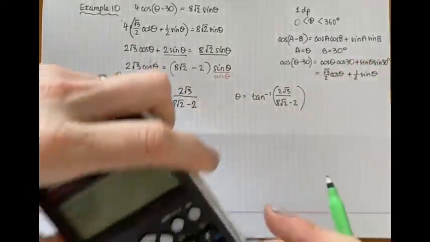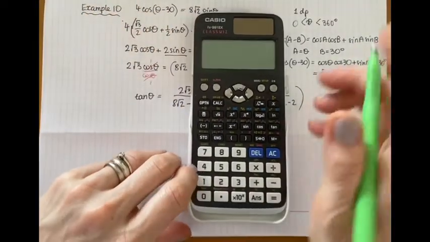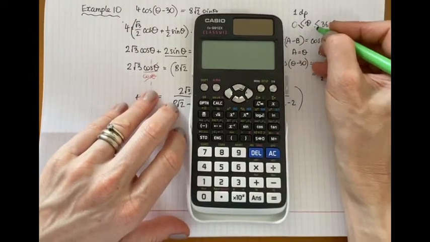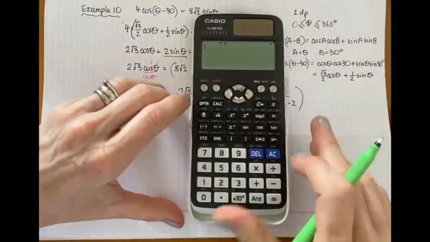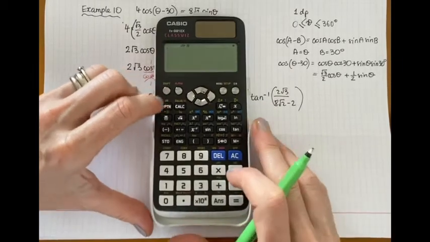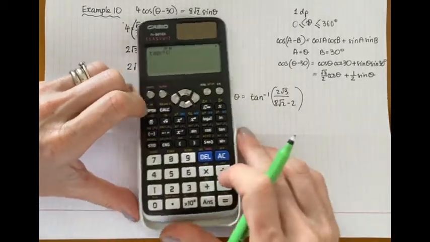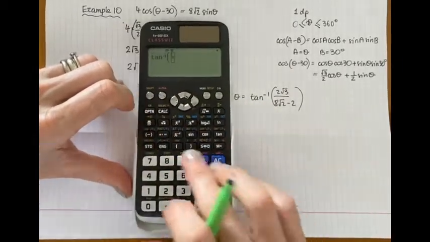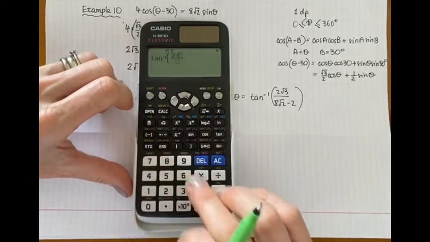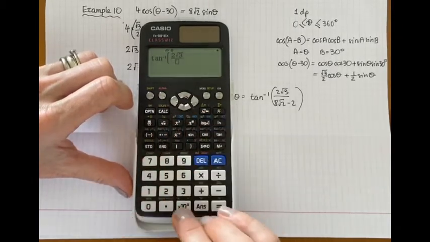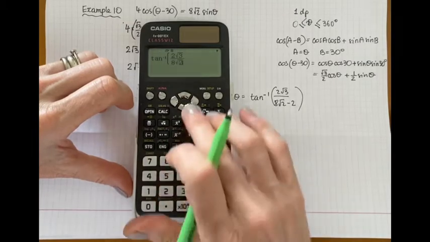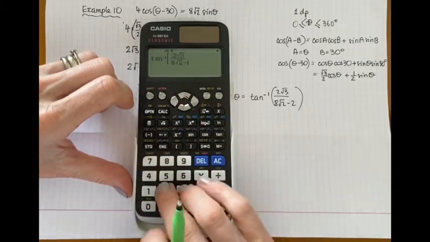So I'm going to pop it into the calculator. We are working in degrees. I don't know, actually they've got inclusive ends in the textbook. We are in degrees. So again, tan inverse, and then we're going to pop these into the calculator. So it's 2 root 3 on the top, and then 8 root 2 minus 2.